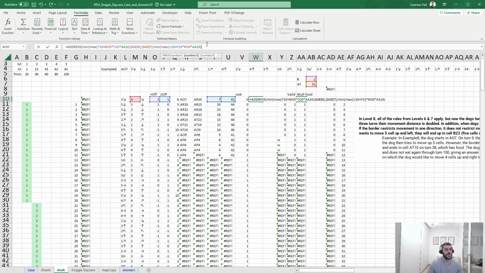So with max, I need to take the small one, yes, and with min, I will need to take the big one. Lock and lock. Absolute, no, I want a relative address.